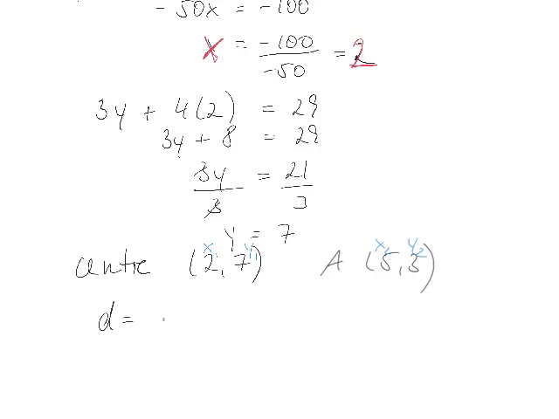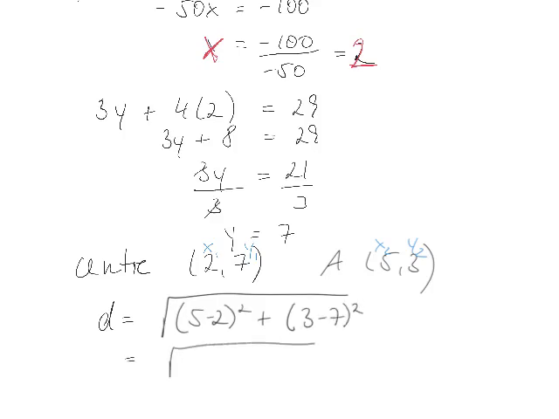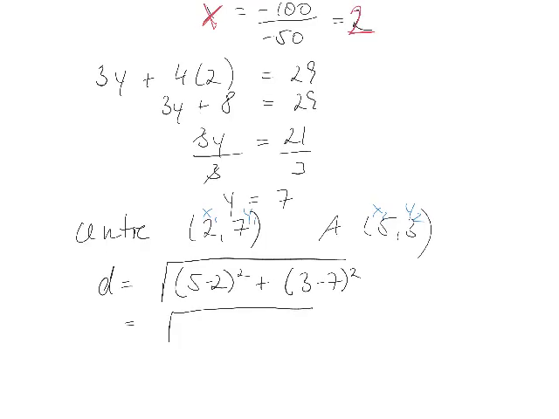So the distance is the root of 5 minus 2 all squared plus 3 minus 7 all squared, which is the root of 5 minus 2 is 3, 3 squared plus minus 4 squared, which is root of 25, which is 5.